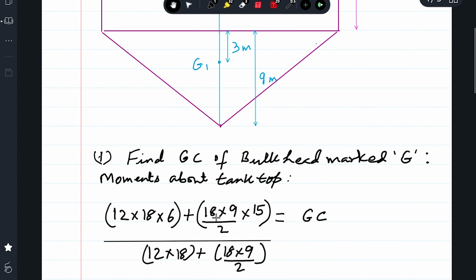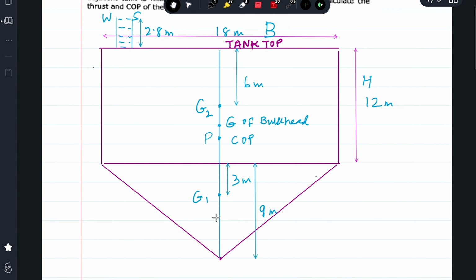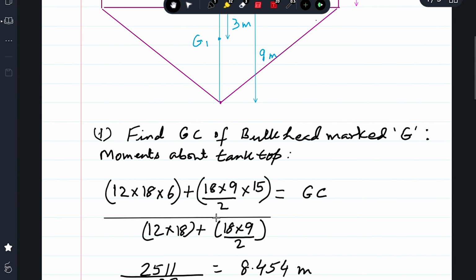So the distance of the centroid of the triangle from tank top will be 3, which is from the base, plus another 12 meter, 15 meter. Moments of the areas are area multiplied by distance of its centroid from the axis about which we are taking the moments. So 12 by 18 into 6 is the moment of the rectangle about tank top. Then 18 by 9 divided by 2 into 15 is the moment of the triangle about tank top.